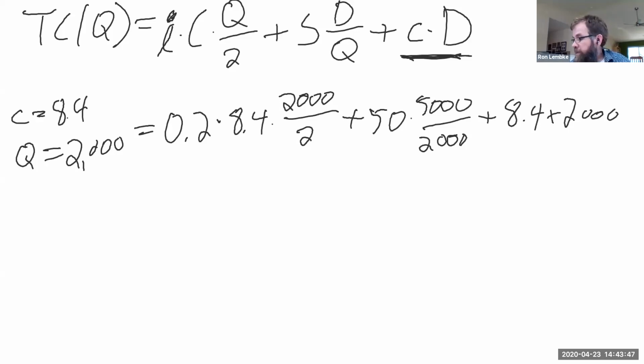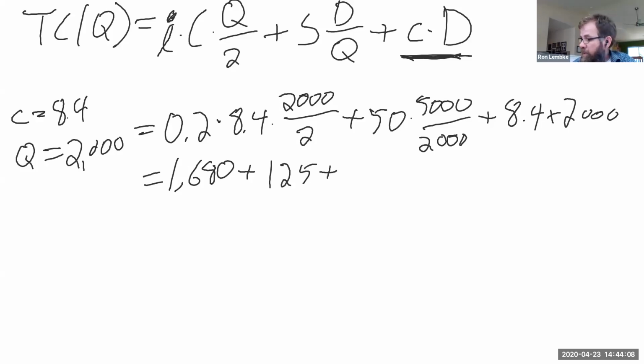All right, so if we take 0.2 times 8.4 times 2,000 divided by 2, we get holding costs of 1,680. And then the ordering cost, we have 5,000 divided by 2,000, that's 2.5. 2.5 times 50 is 125.